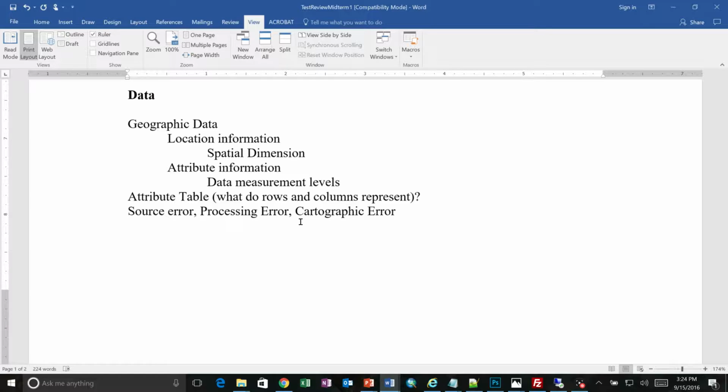So if you know that nominal means labels or names, ordinal means orders, high, medium, and low, interval ratio, those both mean that we're talking about real numbers where we can add, subtract, multiply, and divide from each other. Okay? And then in an attribute table, what do the rows and columns represent? The rows represent entities, things in space. The columns are the attributes of those things. Okay? So you need to know that.